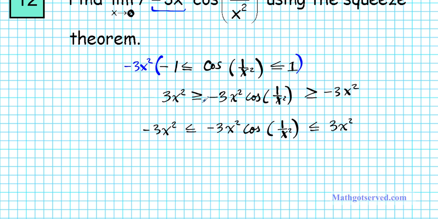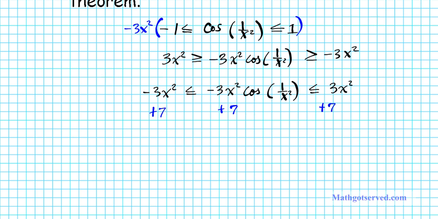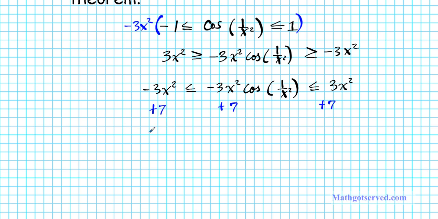Next thing we're going to do is add 7 to all three sides of this compound inequality. So we're going to add 7 here, add 7, and add 7. If we do that, we're going to have 7 minus 3x squared is less than or equal to 7 minus 3x squared cosine(1 over x squared), and that's less than or equal to 7 plus 3x squared.